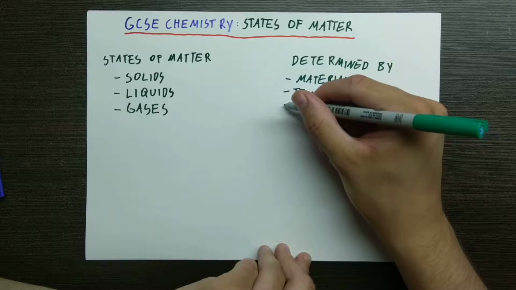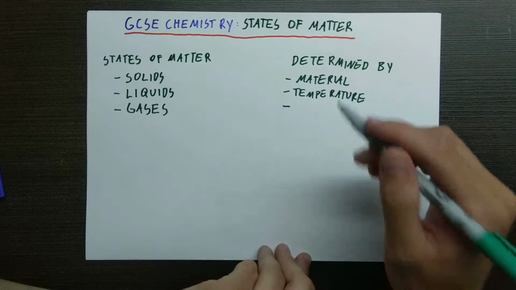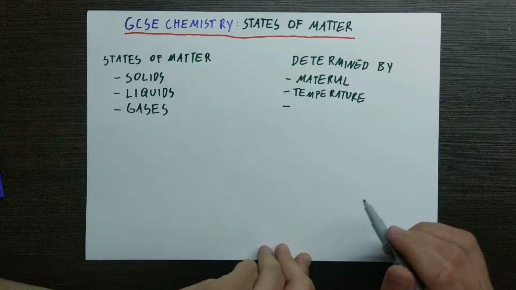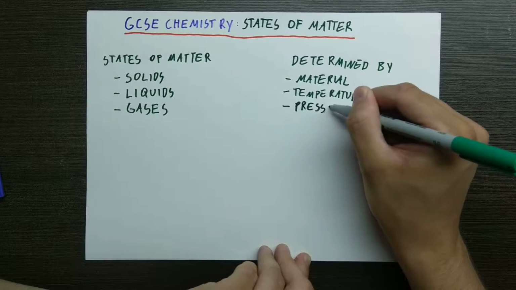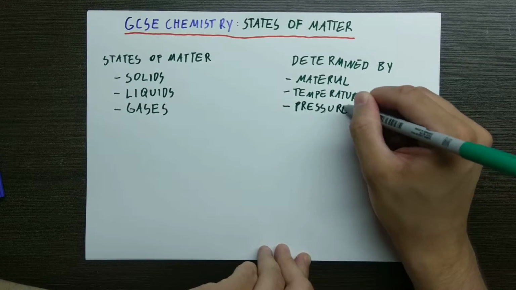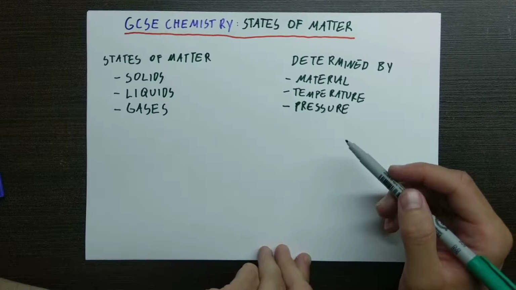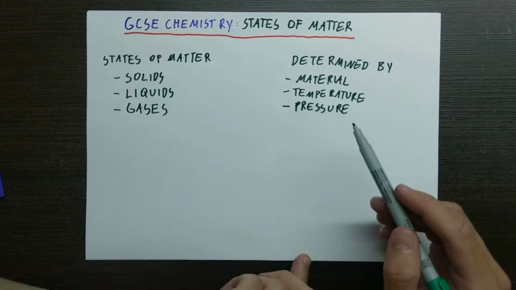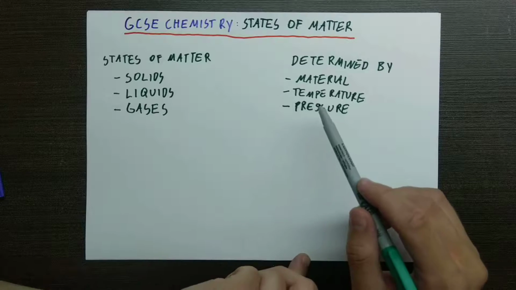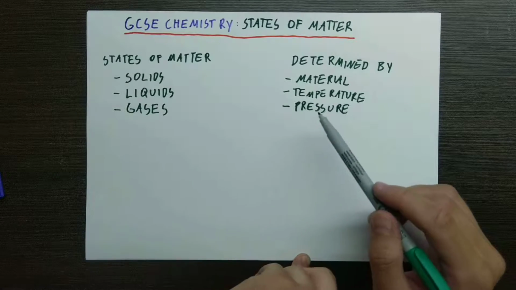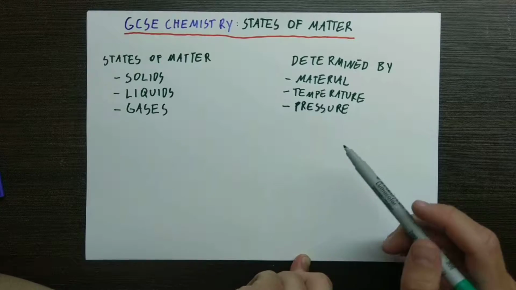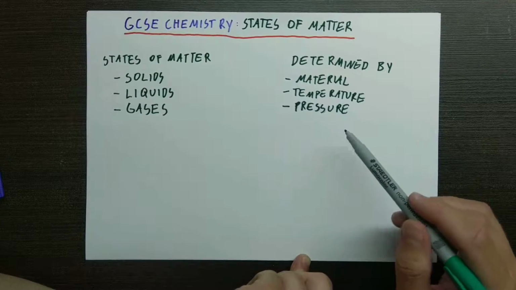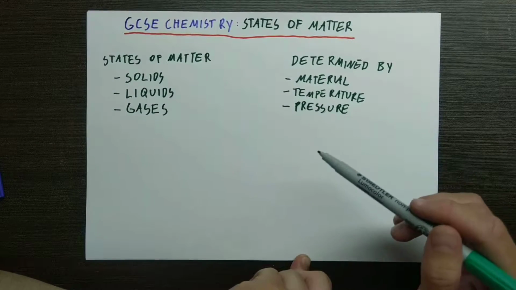Now, the final factor that affects the states of matter will be the pressure. This is similar to temperature in a way, because just as increased temperature allows molecules to move more, if we increase the pressure, we force them closer together.